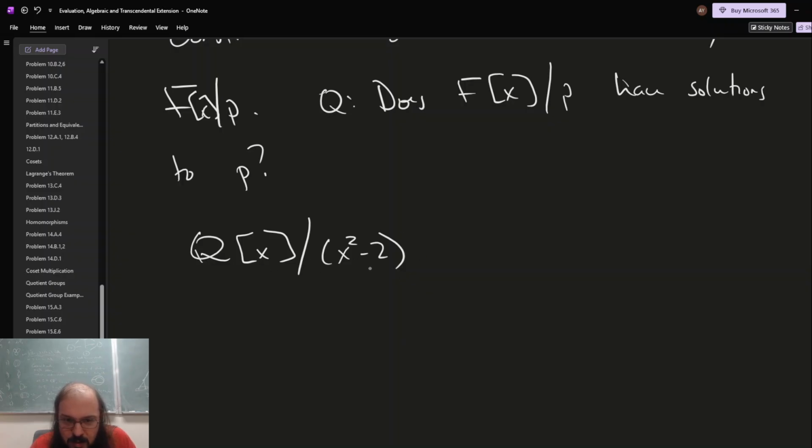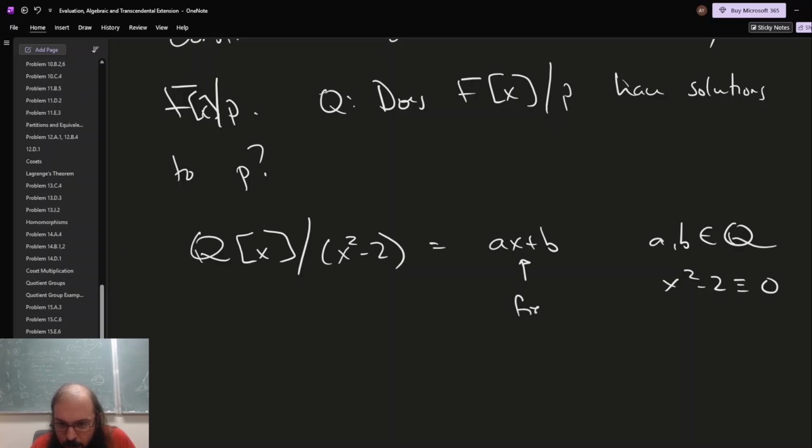The elements of this thing can be thought of in two different ways. You can think of them as linear polynomials, ax plus b, where a and b are rational, subject to the condition that x squared minus 2 is treated as 0. In that case, I'm thinking of this as a field element now, right? x is now a field element.